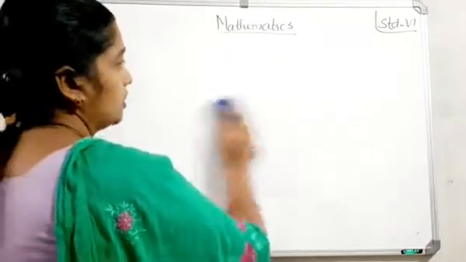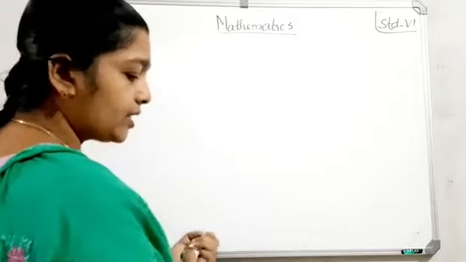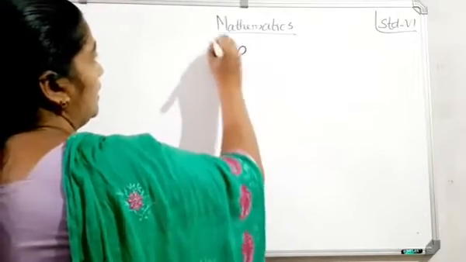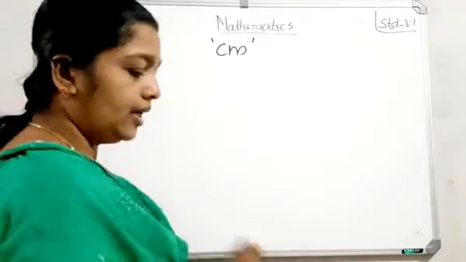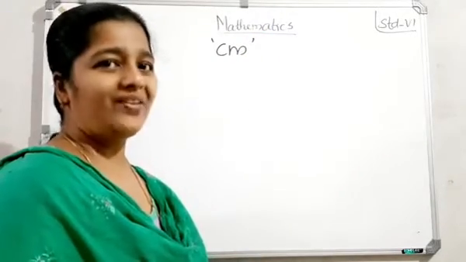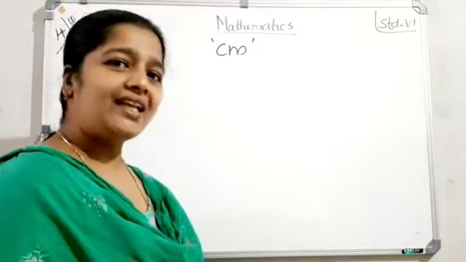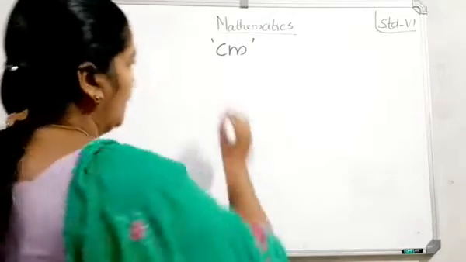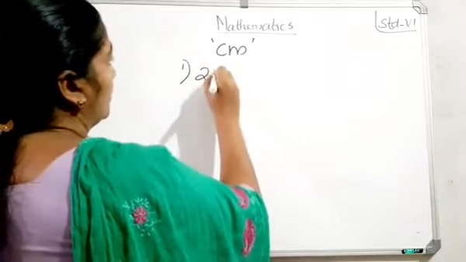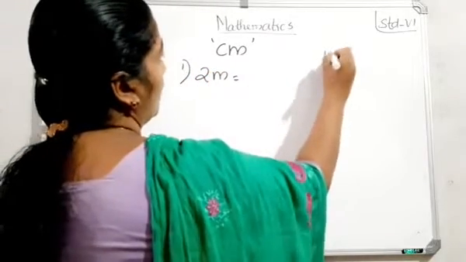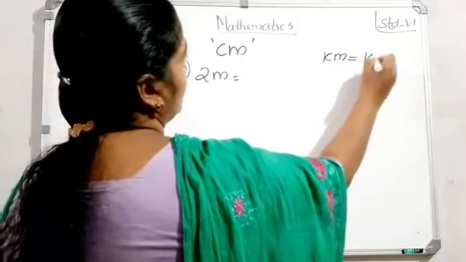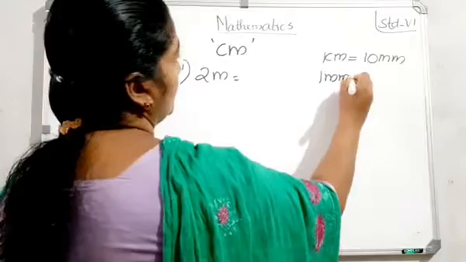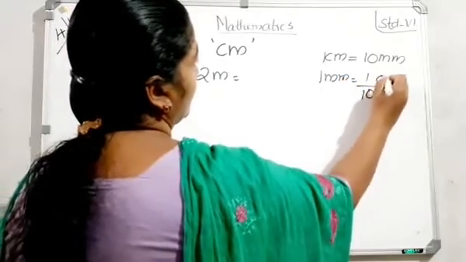Question number 1: Express the following as centimeter using decimals. We want to convert the given millimeter into centimeter. 2 millimeter. We studied that 1 centimeter equals 10 millimeter, therefore 1 millimeter equals 1 by 10 centimeter.